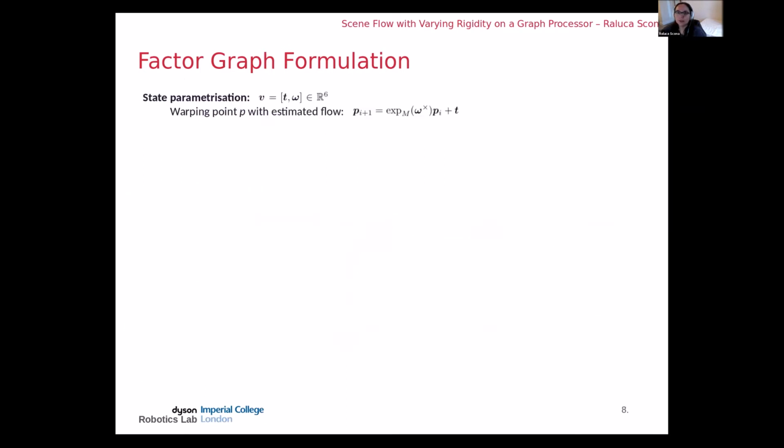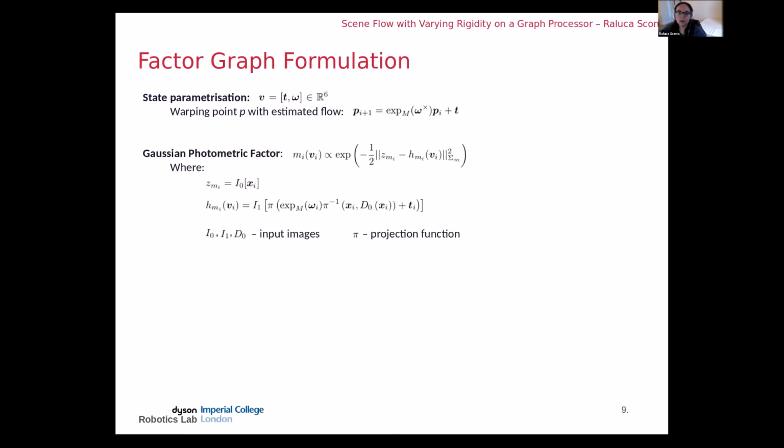So to go into a bit more detail about the formulation, we estimate a 6D motion for each pixel, composed of a 3D translation and a 3D rotation twist. To warp a point, we convert the twist to a rotation matrix, and then we apply the translation. We formulate a Gaussian photometric factor for a pixel with 2D coordinate xi. The measurement is the intensity value at location xi in image 0, and the measurement function warps the pixel from image 0 to image 1.